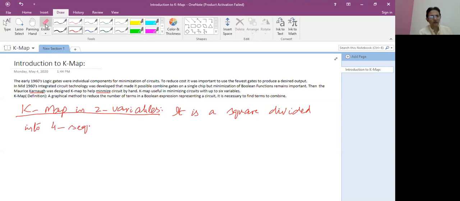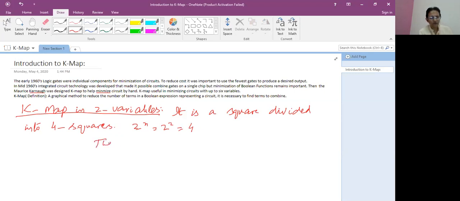So if it has two variables, we apply the formula 2 raised to the power n; 2 raised to the power 2 is 4. So we will consider 4 squares.